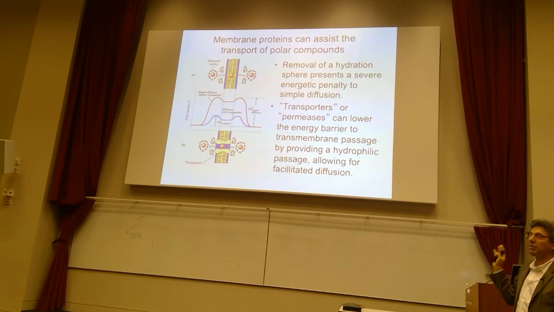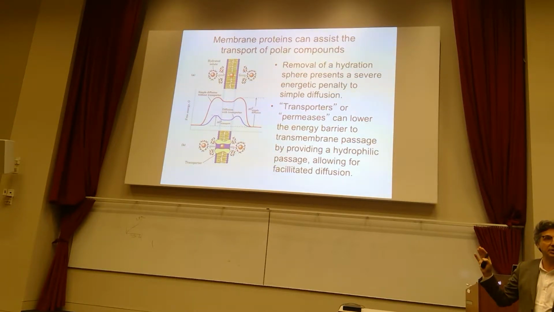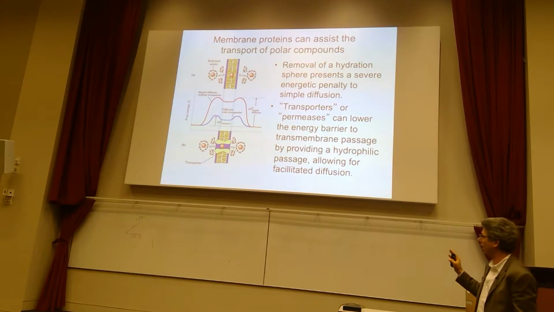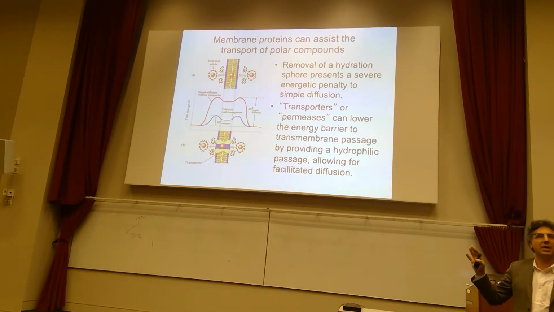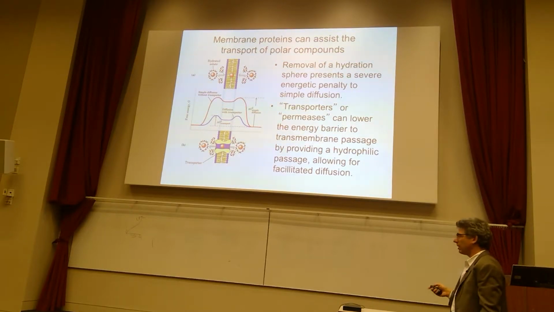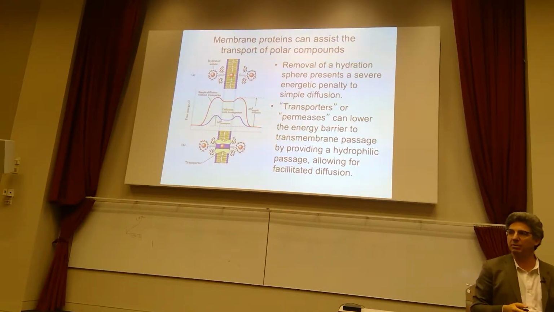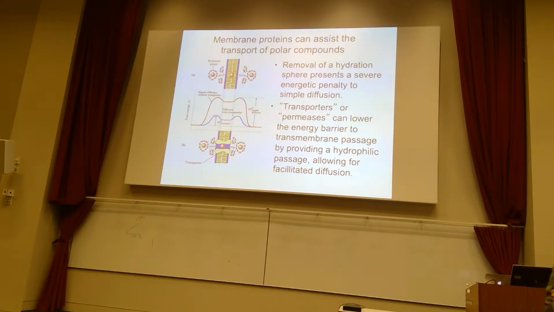Right? Maybe the solvation sphere around that molecule will need to be removed, but that polar molecule will still be properly associated with the polar environment in the interior of the protein. Does that make sense? So to some extent, you can think of this as a catalyst for allowing more rapid transport of a polar molecule from one side to the other.